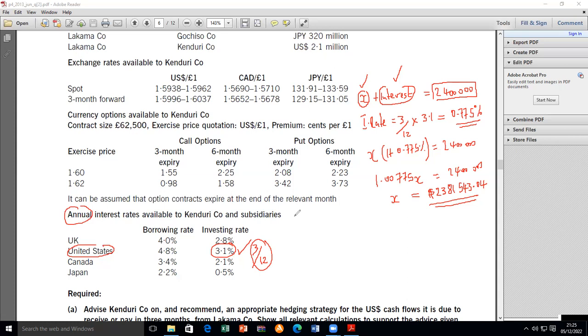So this company should go and buy this amount, put the money in an account. After 3 months, it will be 2.4 million to make a payment. How is that?